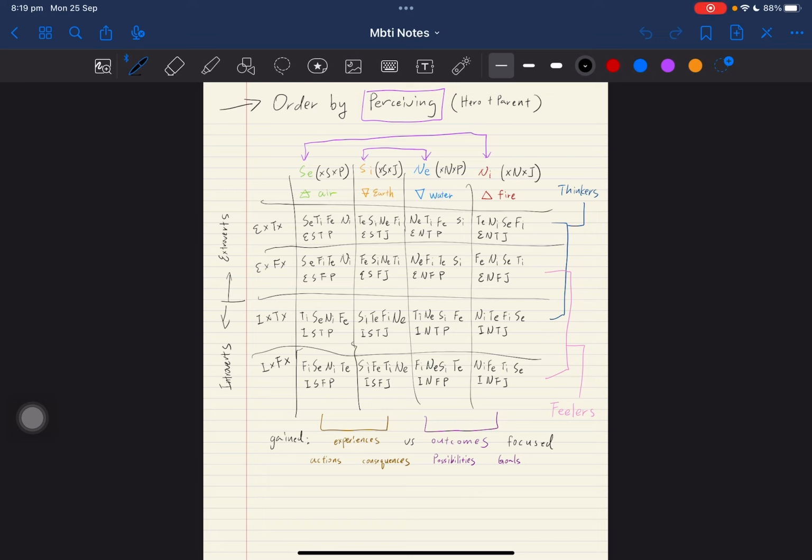So you can just observe people and decide which one is their primary focus, and then narrow it down. Okay, I think they are Ni users, so they have Ni and Se. If they have higher Ni than Se, then are they extroverted or introverted? If they are introverted, then maybe they are INTJ or INFJ. Or if they are Ne users and introverted, then maybe they are INTP or INFP.